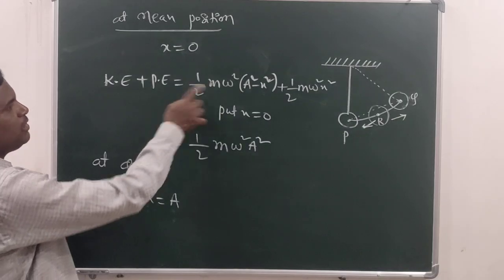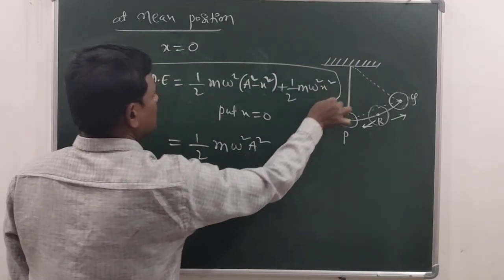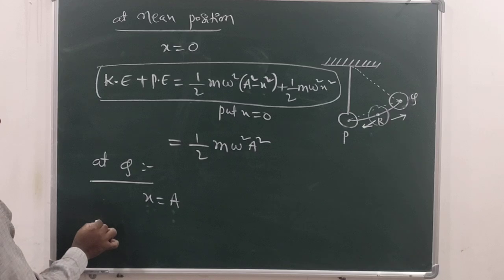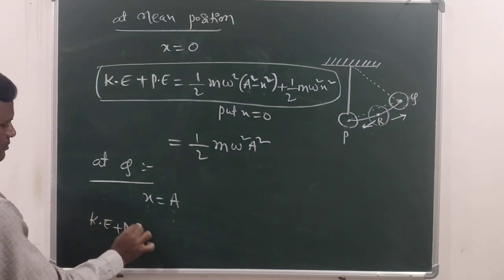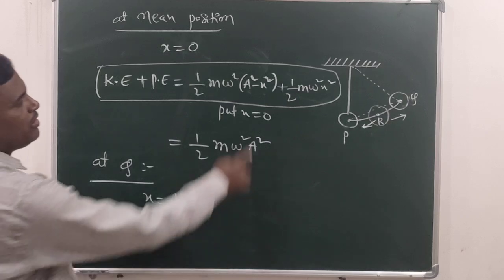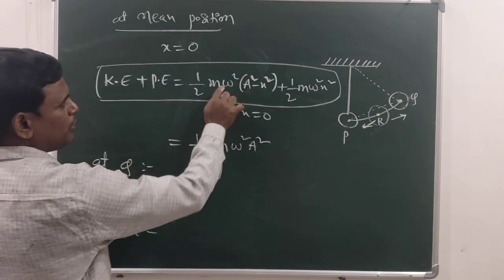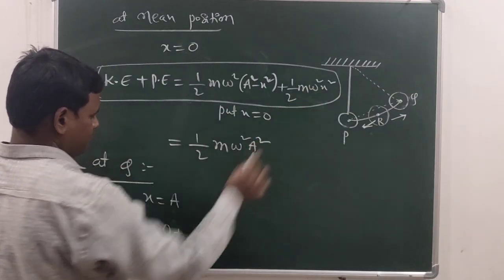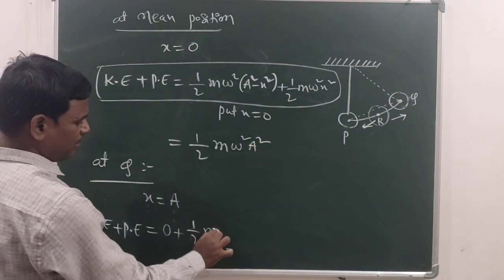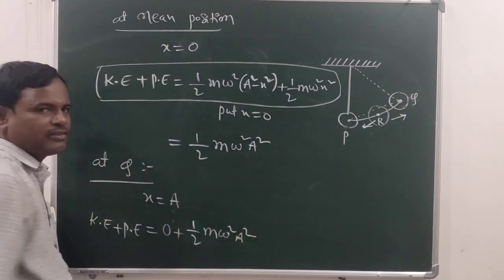So if you write x equal to a in this, what will I get for KE plus PE? This part would become 0, and here half m omega square a square you will get.